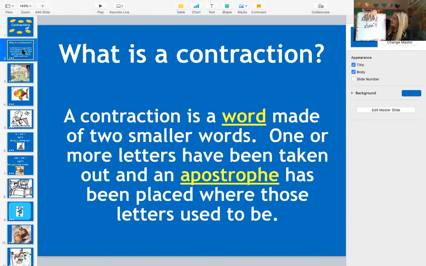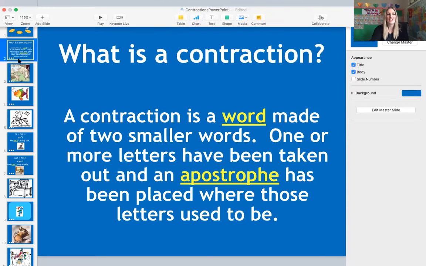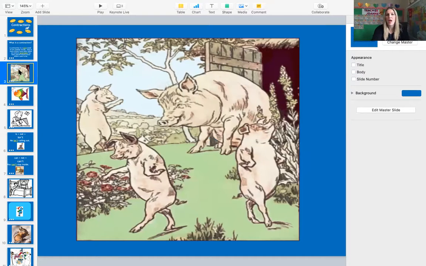So it kind of holds the place of the letter that we took out. Something to keep in mind, 2 big words, contraction, apostrophe. Okay, keep those thinking caps on. All right, let's look at our next slide.